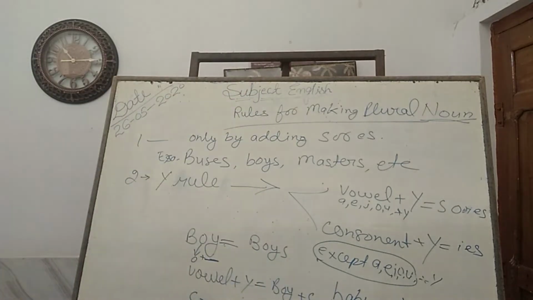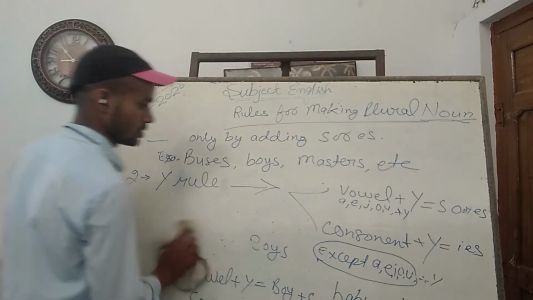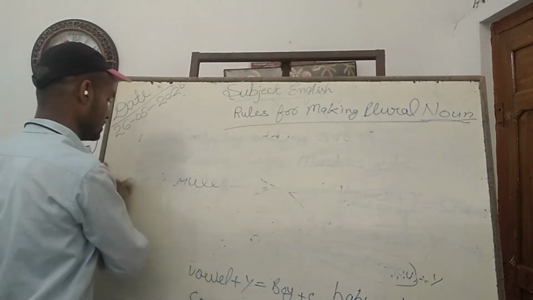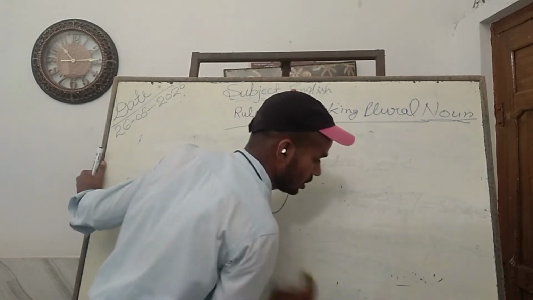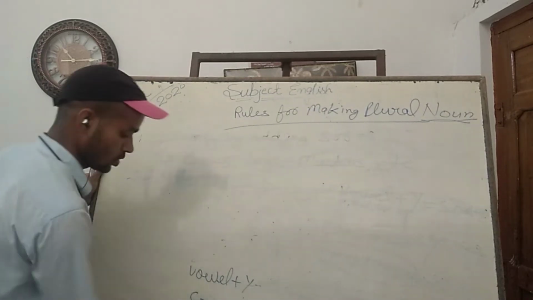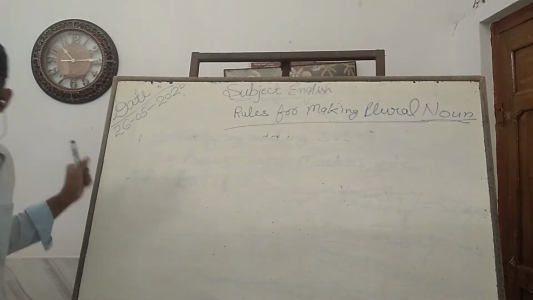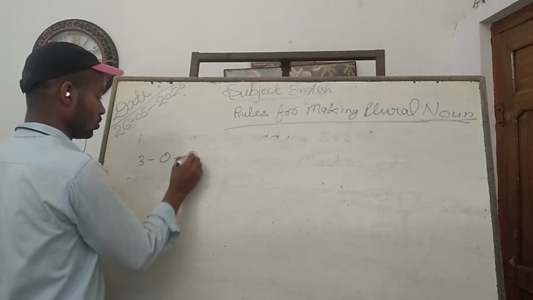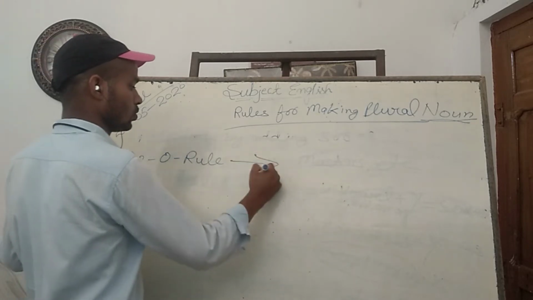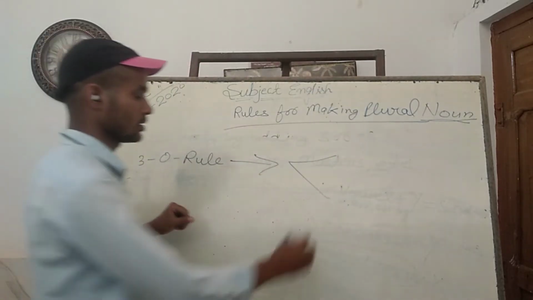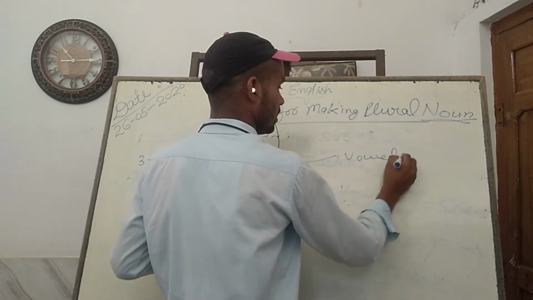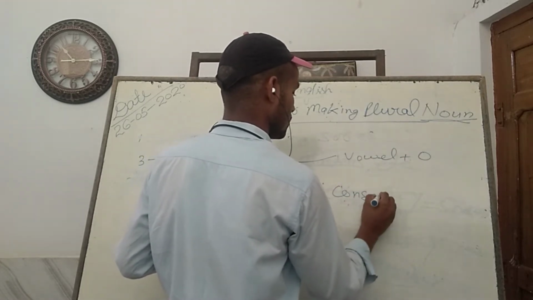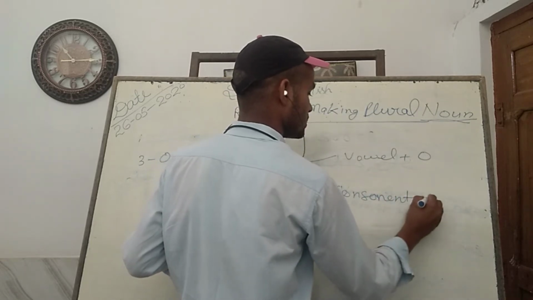Next rule, the third rule, is related to the letter o, the o rule. It also has two aspects: vowel plus o, or consonant plus o.